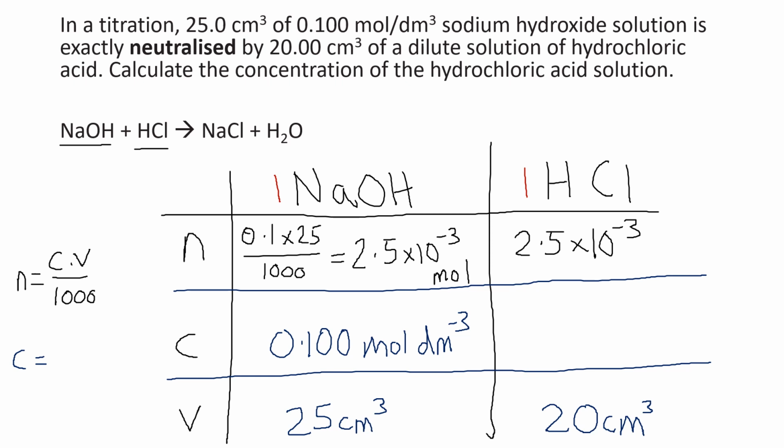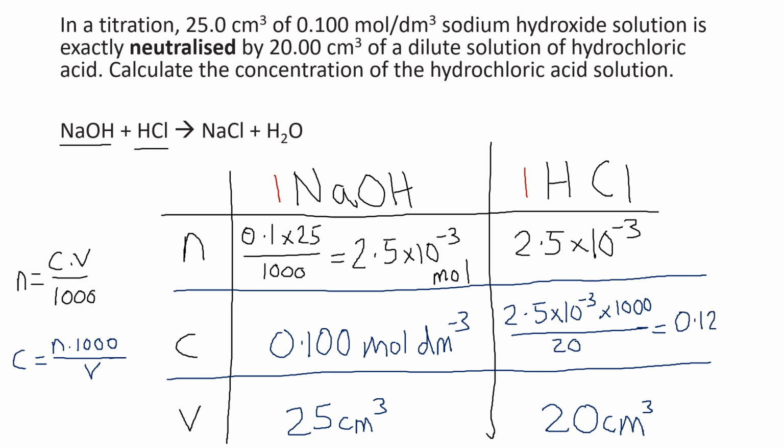So C equals N times 1,000 divided by V. So that's going to be your 2.5 times 10 to the minus 3 times 1,000 divided by 20, and that comes out as 0.125, and because it's concentration, the units would be moles per dm cubed.